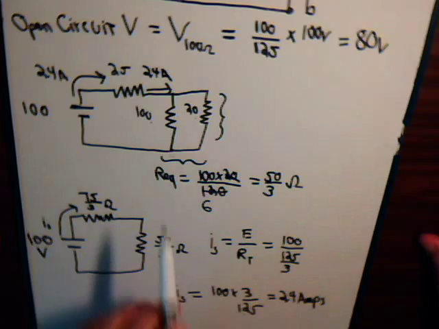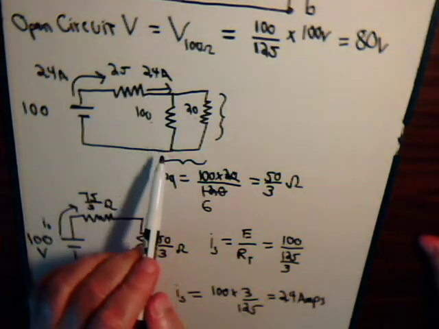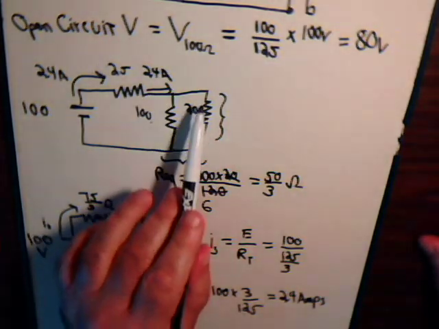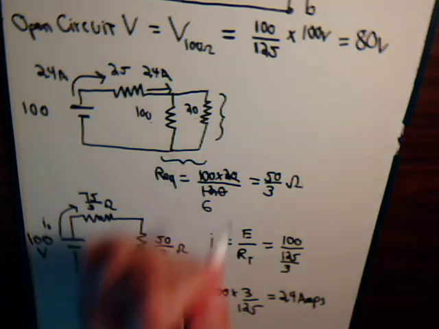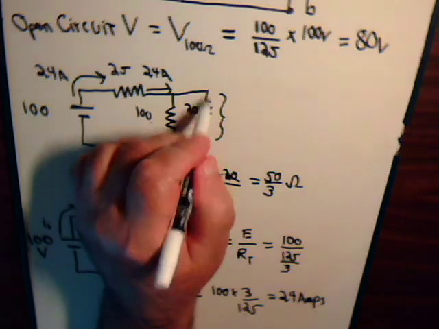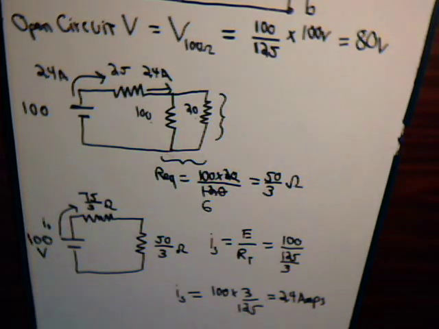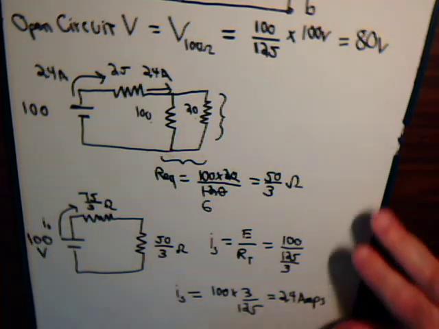But now this current is going to be split between this resistor and this resistor, and we want to know what is the current that goes through this resistor. So let's make some room here.